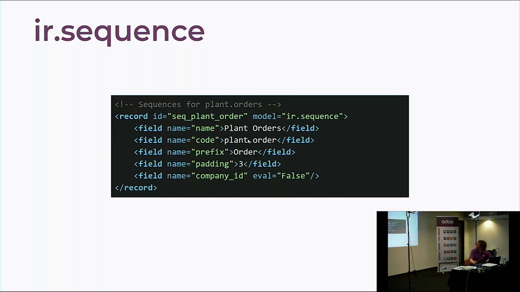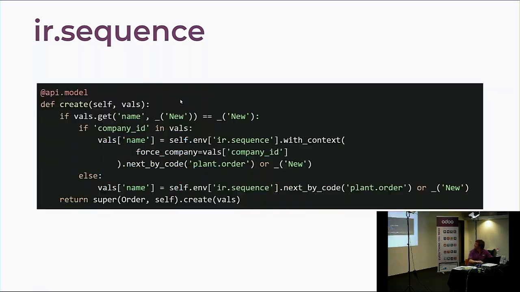Here I say that my plant order will be prefixed by order with a padding of 3, so 001, for example. And when there are 4 or 5 digits, it will be 1000. I just have to override the create method, for example, to modify the name if it's not set, to set the new value according to the sequence.